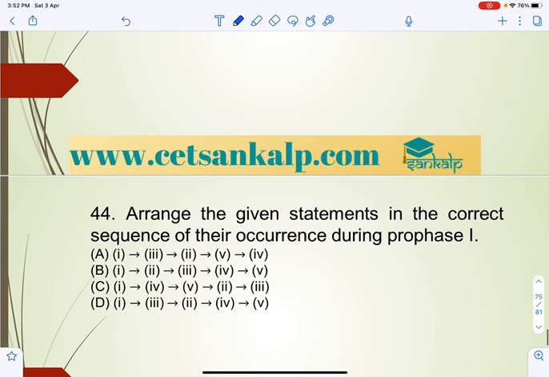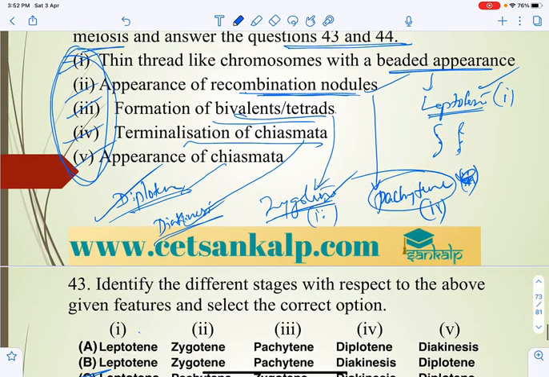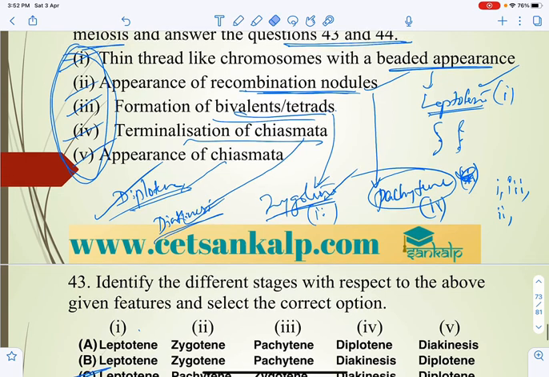Next, arrange the given statements in the correct sequence during prophase 1. That is 1 leptotene, after that zygotene, which is 3, then pachytene 2, so 1 3 2, and then diakinesis 5 and diplotene 4.